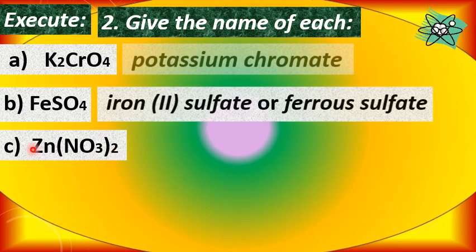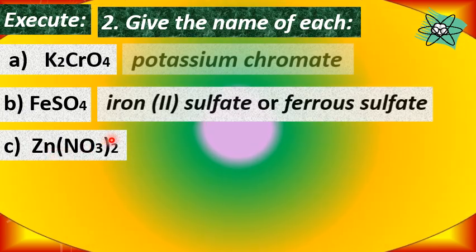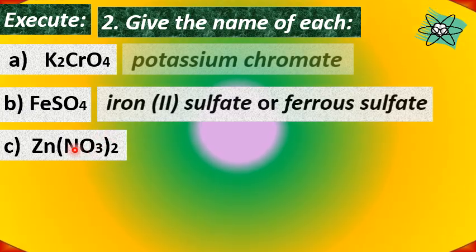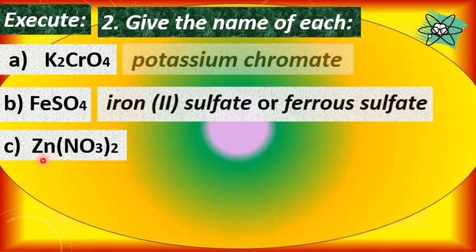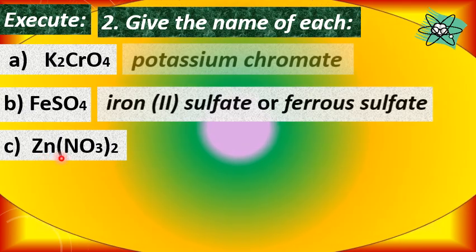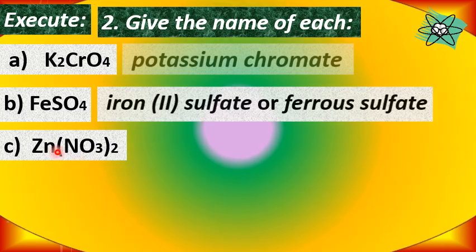And the fact that zinc has no subscript simply means the ionic charge of nitrate is negative 1, which when crisscrossed, the subscript of zinc is understood to be 1, but we disregard it, as customarily we don't write the subscript 1 anymore.